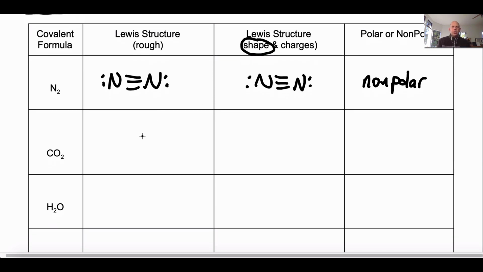Let's do CO2. There's the Lewis structure for CO2, and we know that there are no lone pairs on the central atom, so the shape of CO2 is going to be linear.